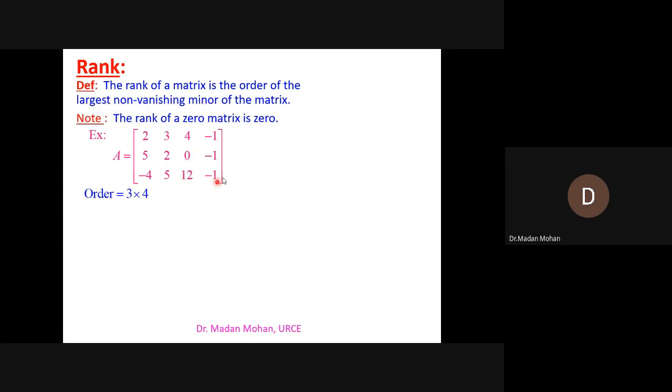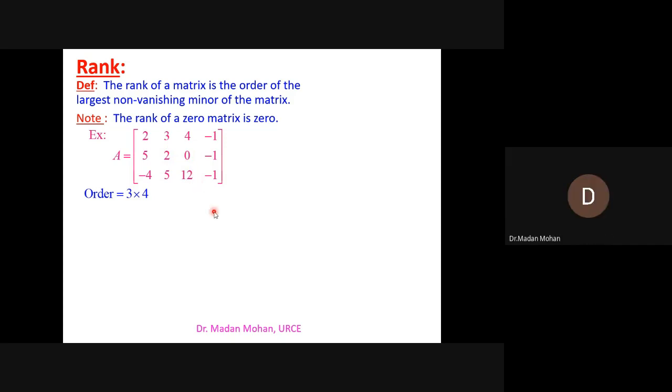What is the largest square submatrix from it? Can I take 4 cross 4 from this? No, sir. What is possible? 3 cross 3.